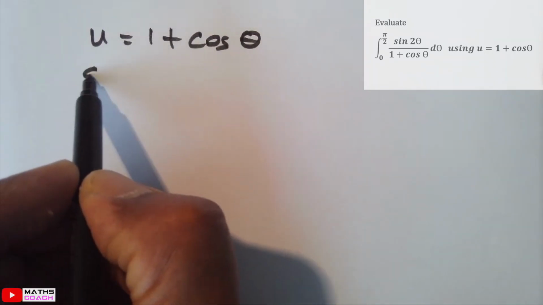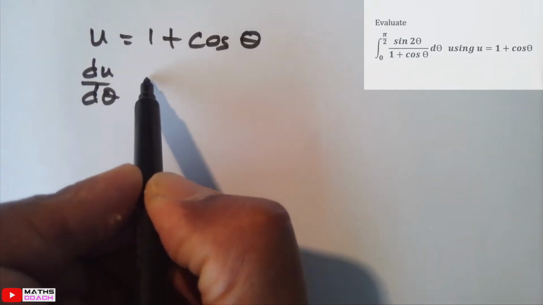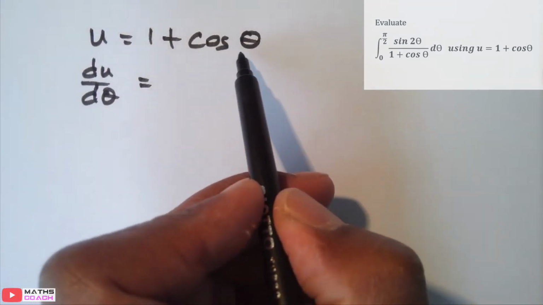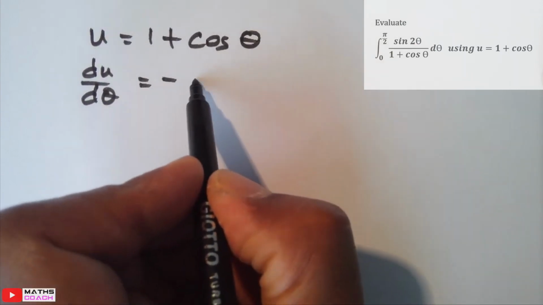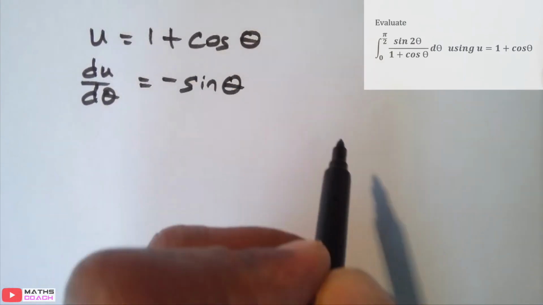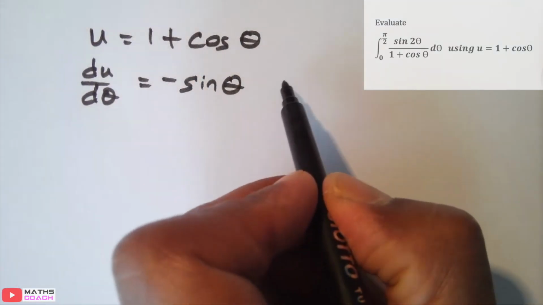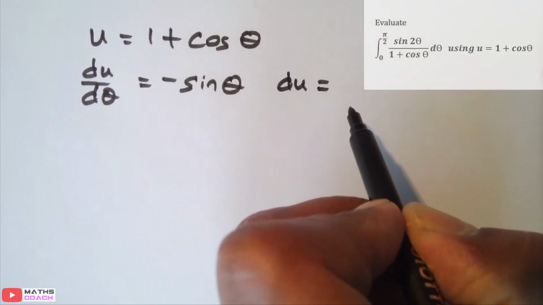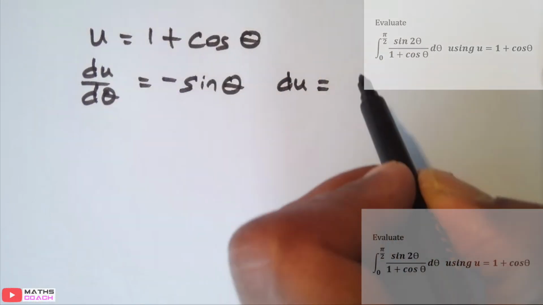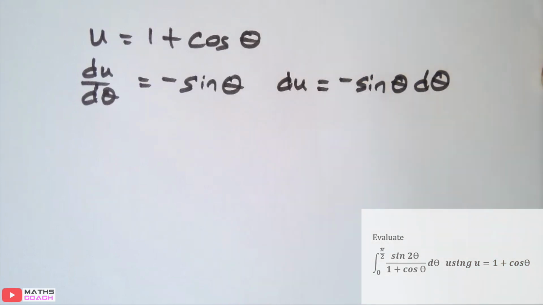So we have du d theta is equal to, if you remember this, the differentiation of cos theta is negative sine theta. Please don't forget the negative there. In turn, it makes sense for us to make du the subject. So we write du equals, moving that d theta over, negative sine theta d theta.